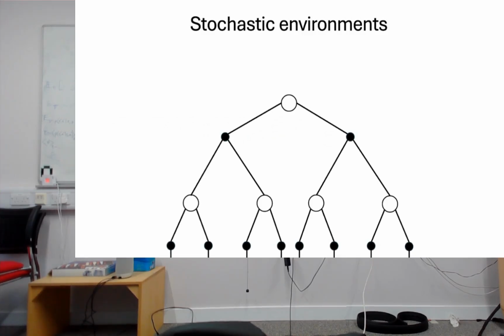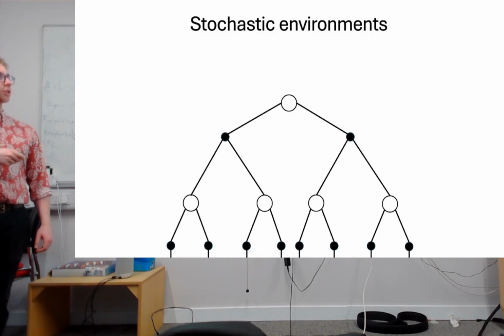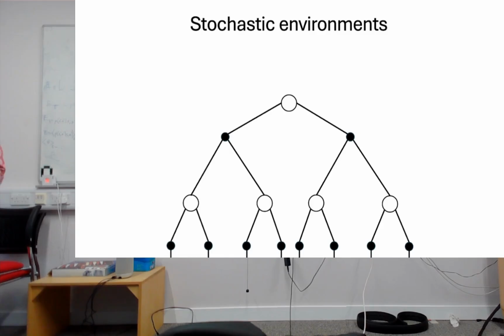So consider this MDP. Once again, white nodes indicate states, black nodes indicate actions. And this MDP, as you'll notice, is stochastic. What I mean by that is, if I take the action on the left here, there's a chance of transitioning to each one of these next states. And so we need to annotate this with both the rewards and the probabilities of those transitions.